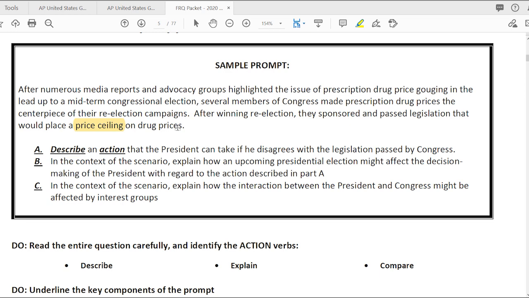But let's talk about this prompt and how you would respond to it in a very basic concept application question. So our task in part A is to describe an action that the president can take if he disagrees with the legislation passed by Congress.